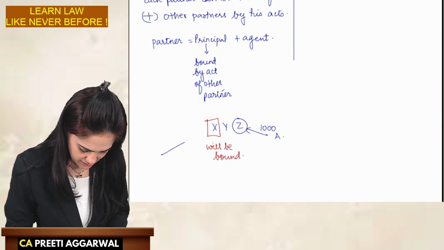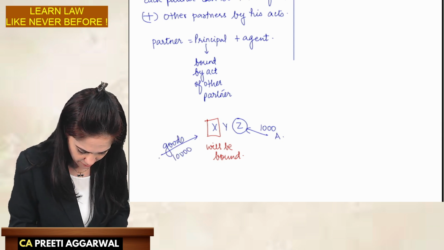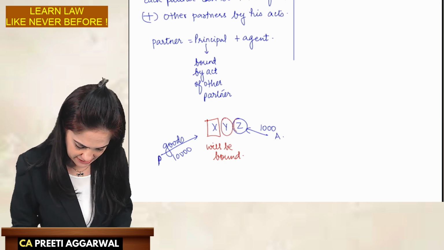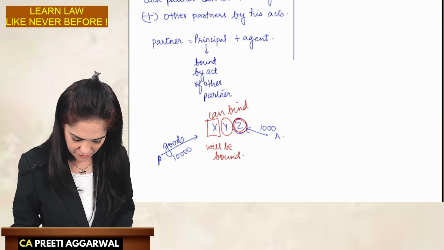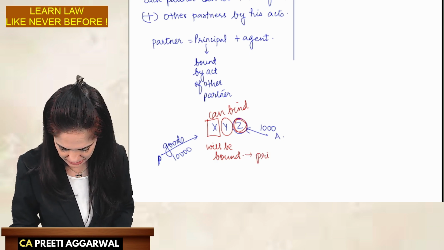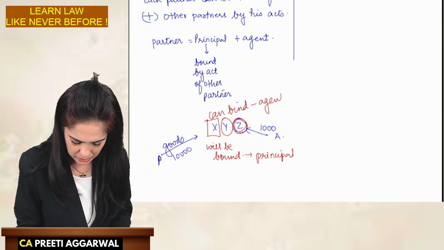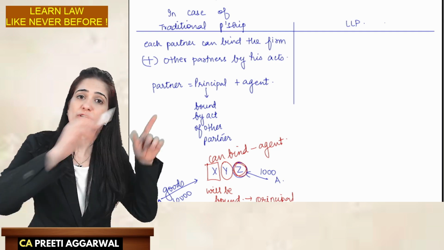What if X purchased goods of 10,000? If he is not able to pay, then Y and Z will be liable. So he can bind. If he is bound, he's acting as the principal. If he can bind, then he's agent. So a person plays double role. He's principal as well as agent. I can bind not only the firm but also partners.